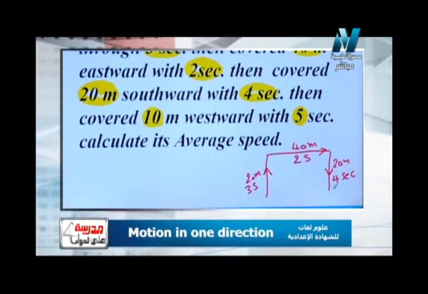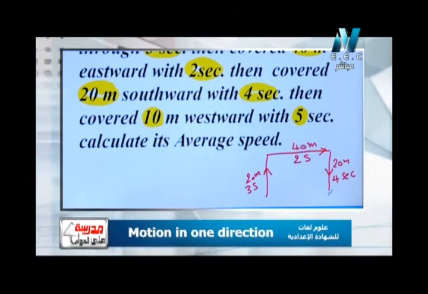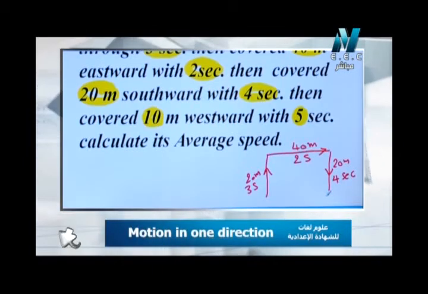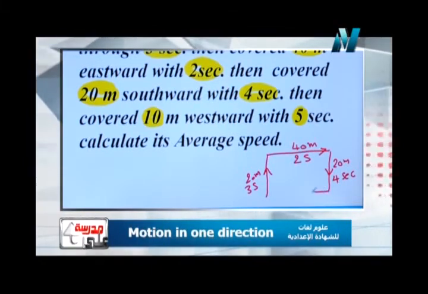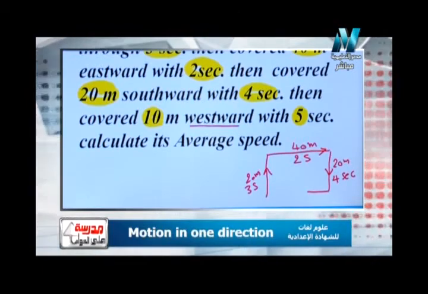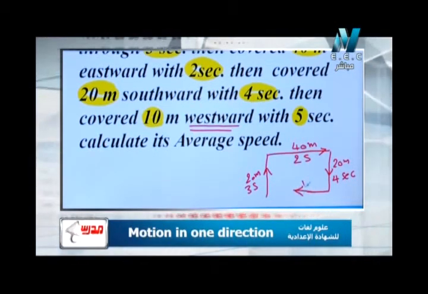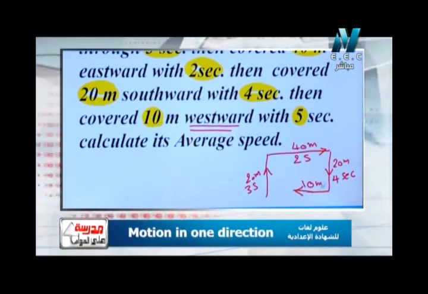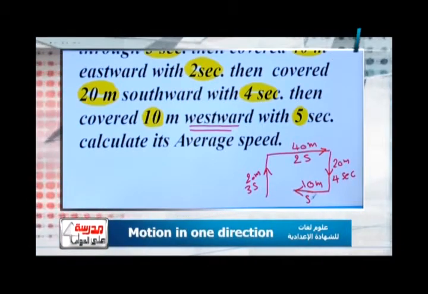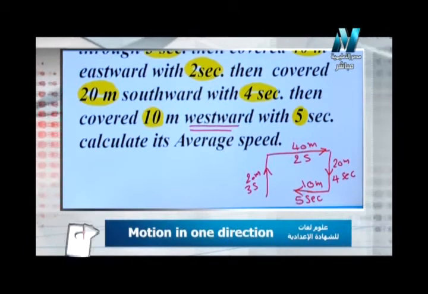Okay. Then covered how many? 10 meters. رجع كده westward غربا يعني رجع تاني 10 meters in 5 seconds. Okay. بيقول لي calculate the average speed.